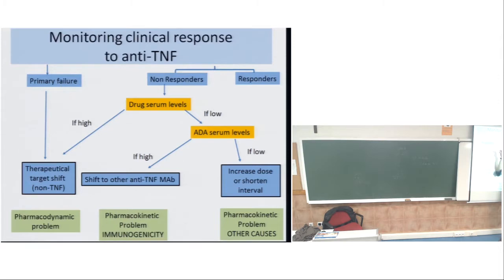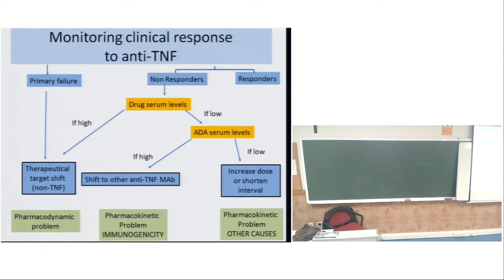The patient doesn't respond at the very beginning. So then we may think that we have to change the target, right? Because the disease is not caused by this target. So it's better to use, for instance, another cytokine to be targeted. Not TNF, not tumor necrosis factor, some other drug targeting another target, another protein, another cytokine.